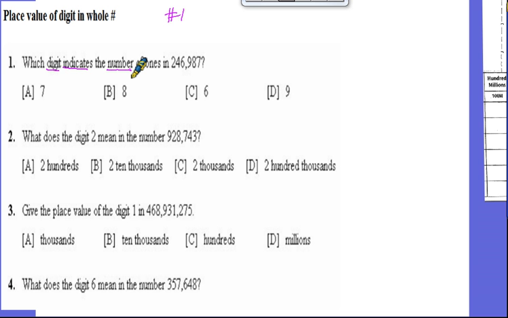What do you think are the most important ones, Steven? Ones and then 987.